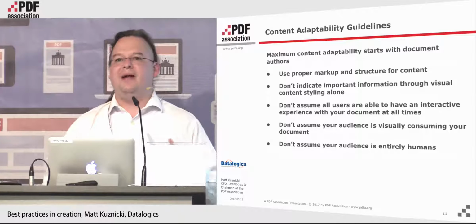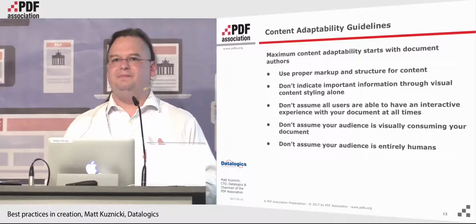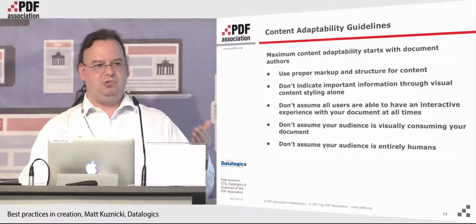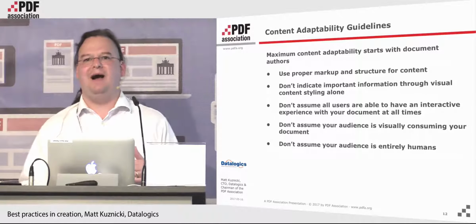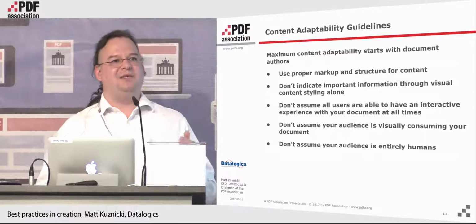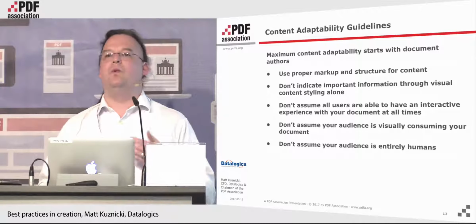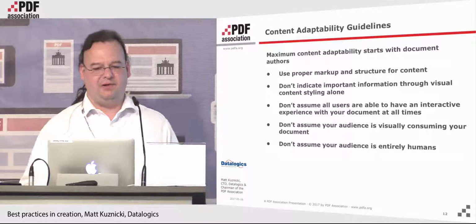Don't assume an interactive experience with your document. Sometimes you may have one, sometimes you may not. You want to author documents that work and work well in both scenarios.